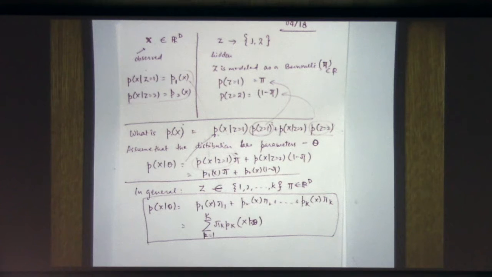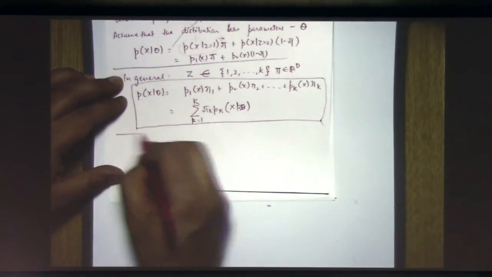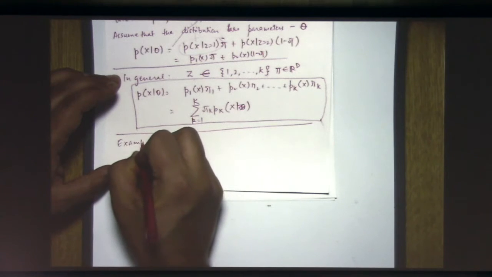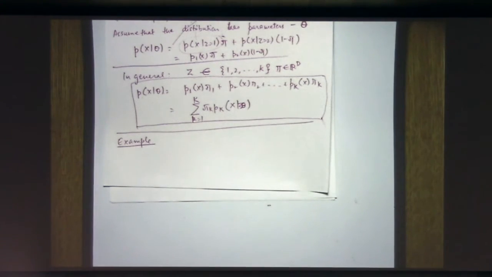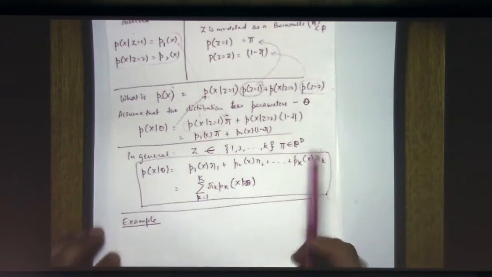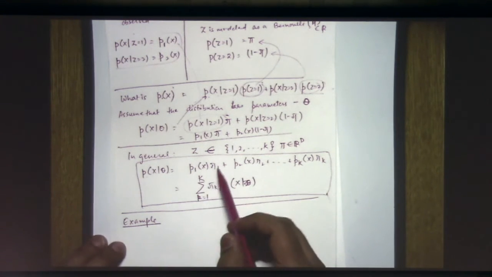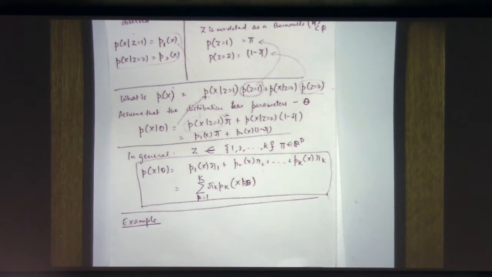So an example. Each one of these k's is called a mixture component. So think of it as a mixture of some distributions. You have k distributions in a mixture, and then you observe an x. Now you don't know which mixture component generated it.